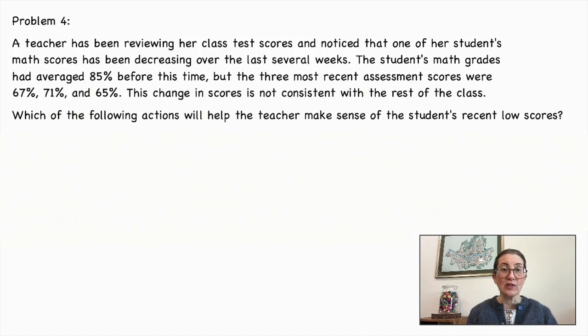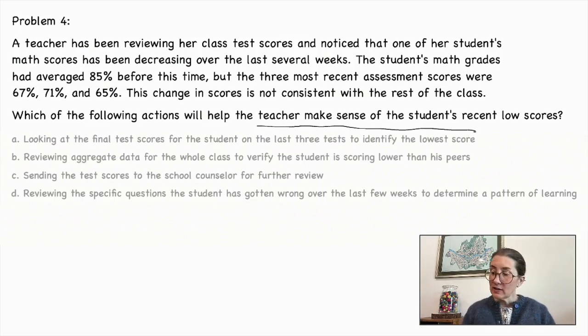This change in scores is not consistent with the rest of the class. Which of the following actions will help the teacher make sense of the student's recent low scores? So the teacher is looking to make sense of the student's scores. How can they do that?